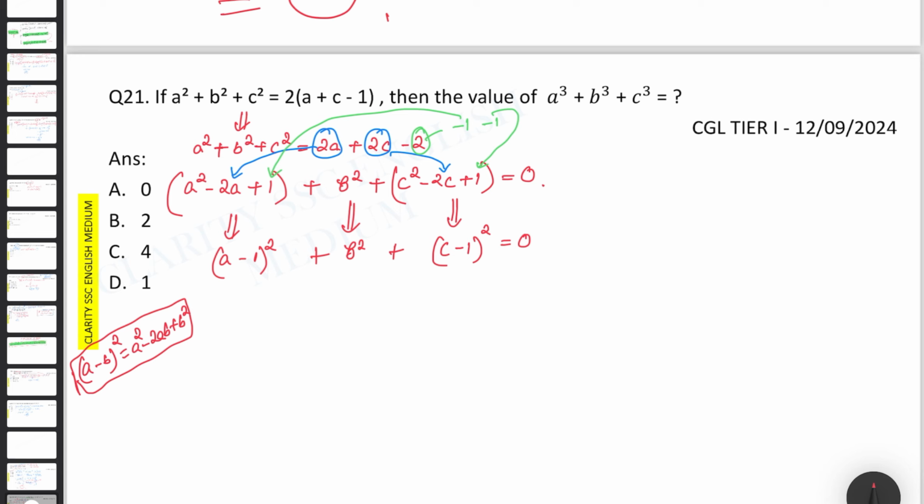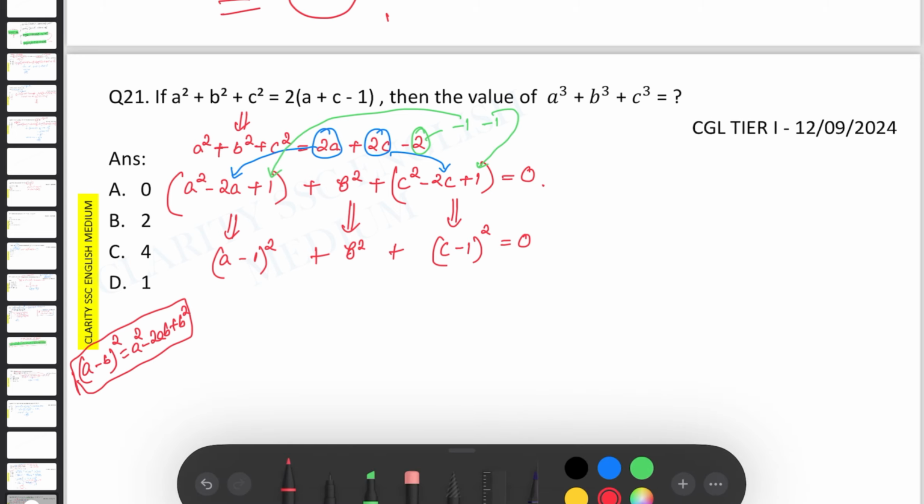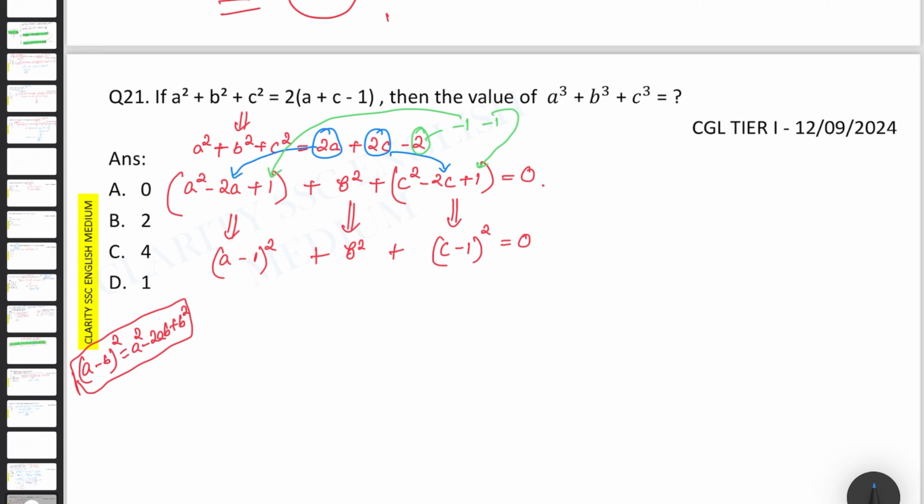Since these three are non-negative, individually each will become 0. That means a minus 1 is equal to 0, b is equal to 0, and c minus 1 is equal to 0. So a will become 1, b is 0, and c is 1.